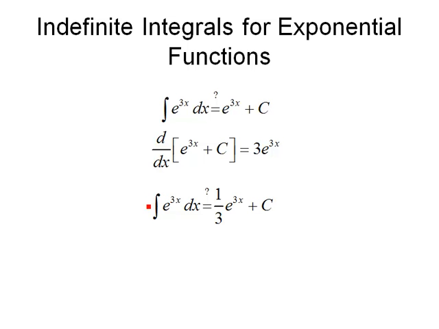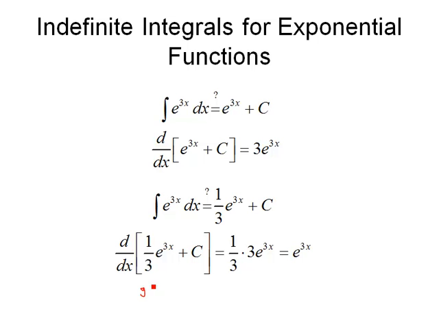So what if I change my antiderivative and put a 1/3 in front of it? When this 3 comes out, it's going to cancel with the 1/3. So I'm now thinking that the antiderivative of e to the 3x dx is going to be 1/3 e to the 3x plus c. Now when I check it, my inside function, g of x, is going to be 3x. My outside function, f of x, is going to be 1/3 e to the x.